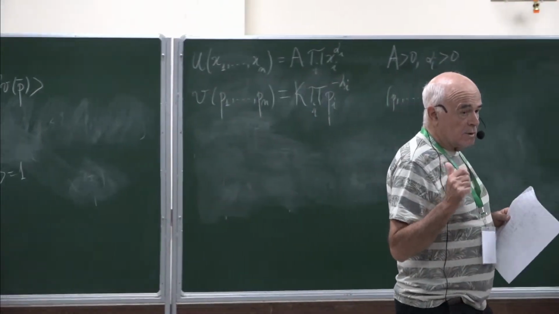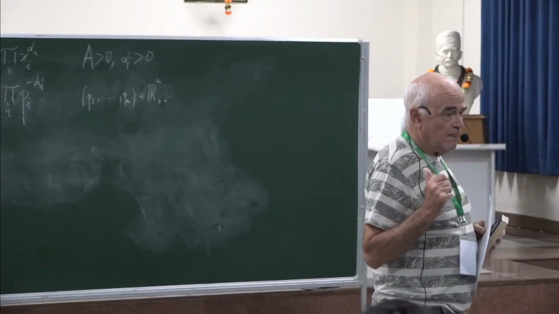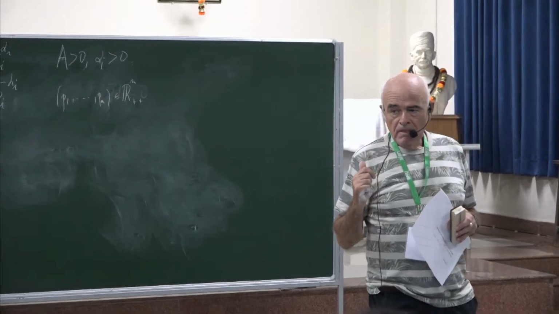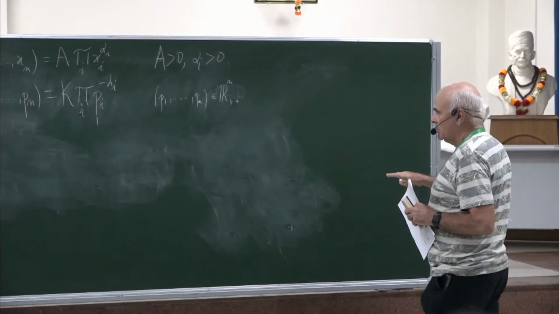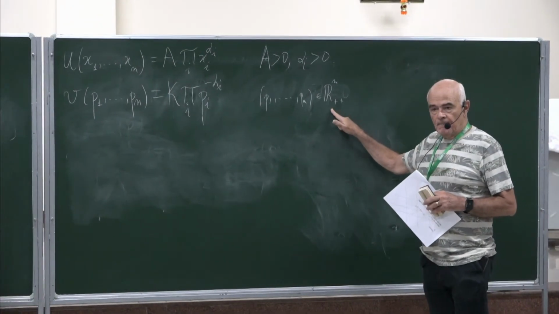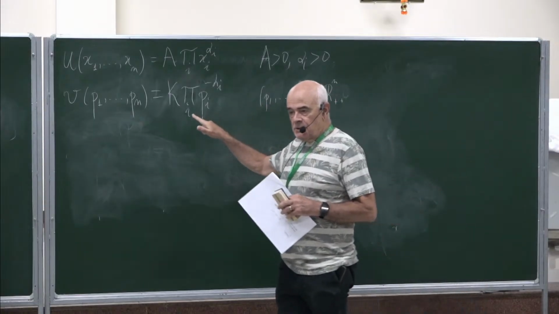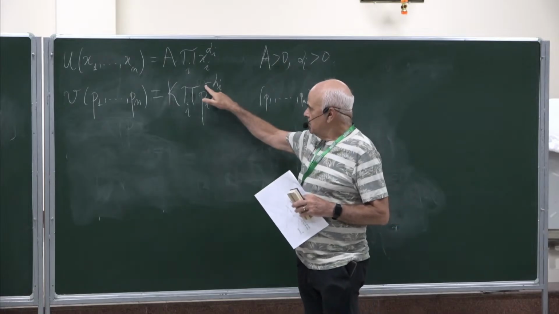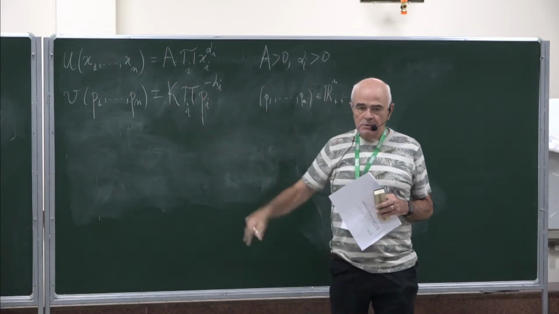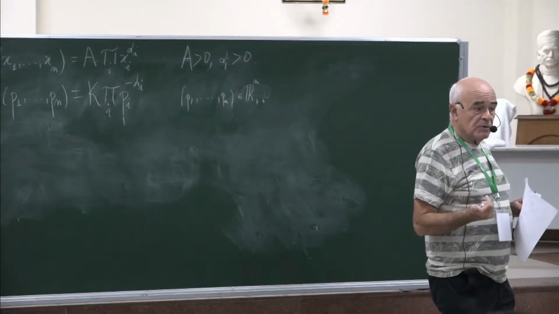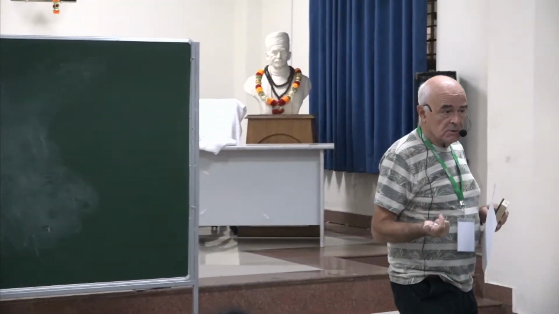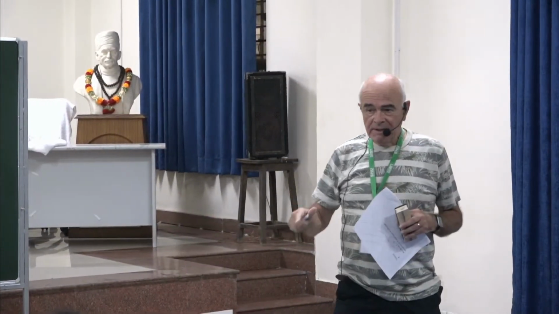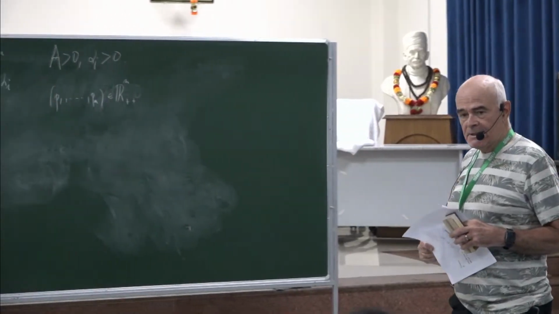Okay, then, but look, this is differentiable everywhere on the positive orthant. And all the derivatives are negative because this exponent comes as a factor. So we have the assumptions that guarantee the validity of Roy's identity.